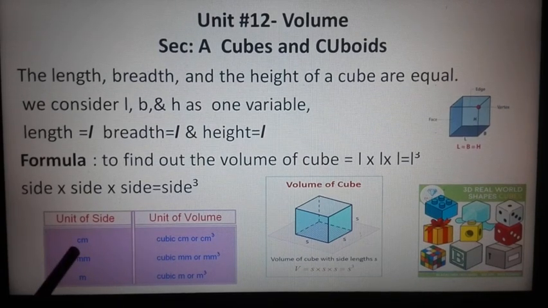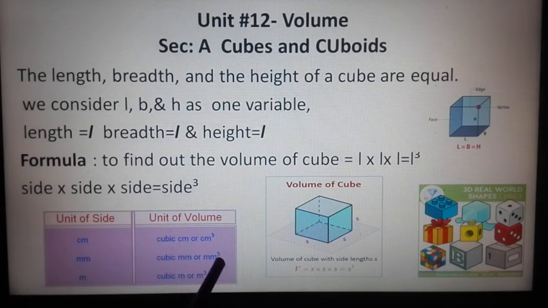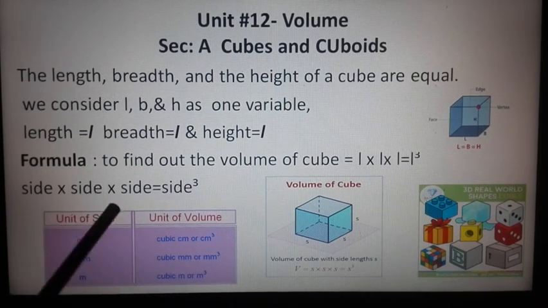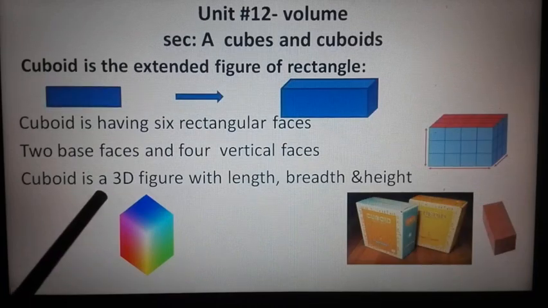If it is centimeter, you have to write the volume in cubic centimeter, or centimeter cubed. Millimeter means cubic millimeter or millimeter cubed. Meter means cubic meter or meter cubed. I think the topic about cubes is clear. Now we are moving to cuboids.